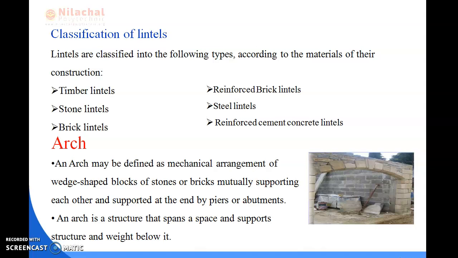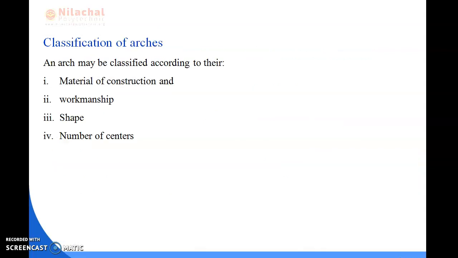We can say it is supported by columns also. Here you can see in the diagram, it is supported by the piers. An arch is a structure that spans a space and supports the structure and the weight below it.